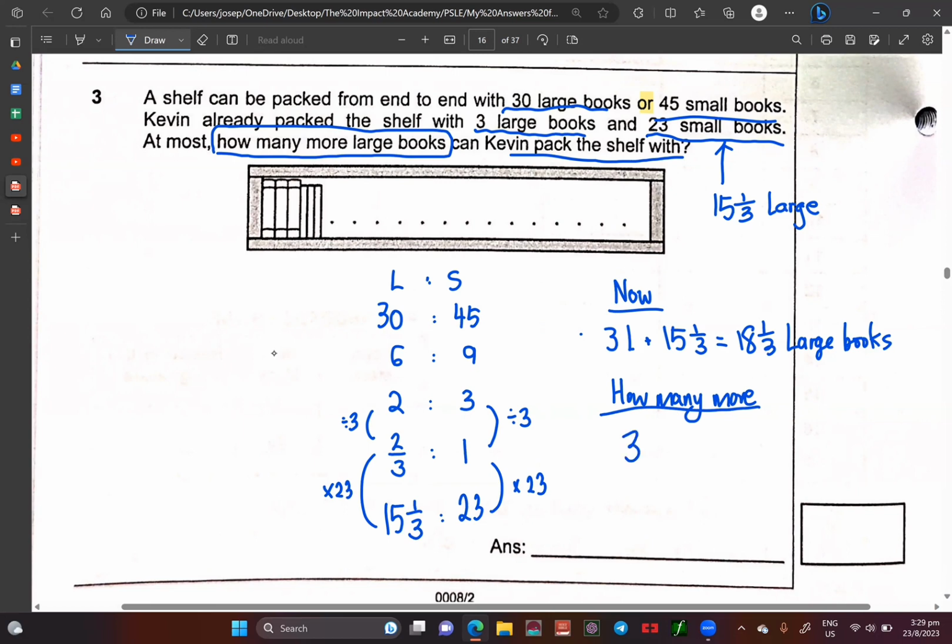I will do 30 minus 18 1/3, and of course, I'll get 11.7, but there's no such thing as 0.7 book, right? So you want to round down to 11 large books. So from here itself, you can see that this person can still put another 11 large books on the bookshelf.